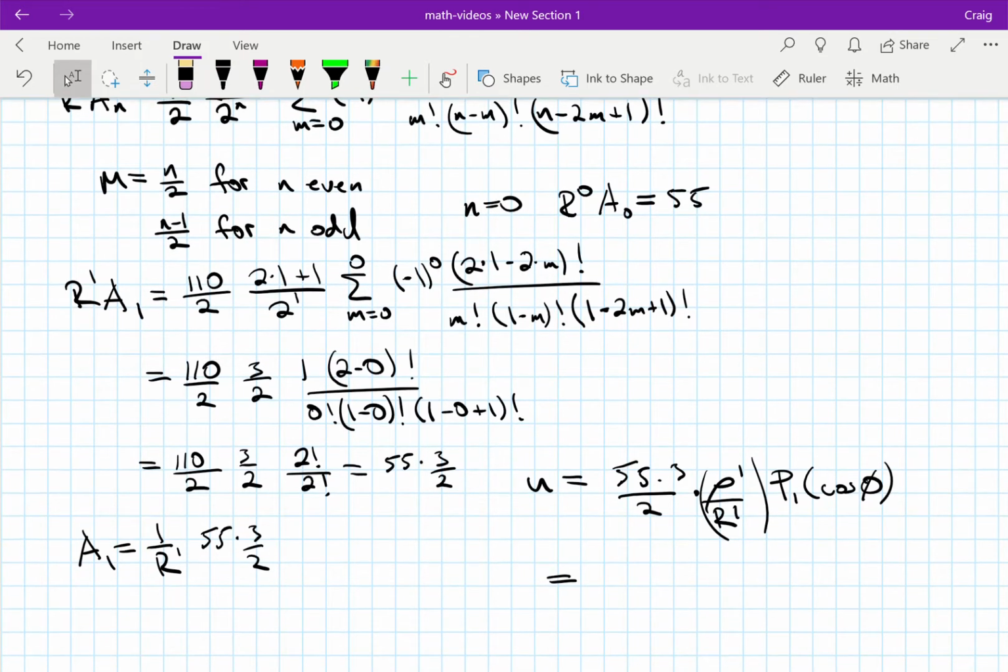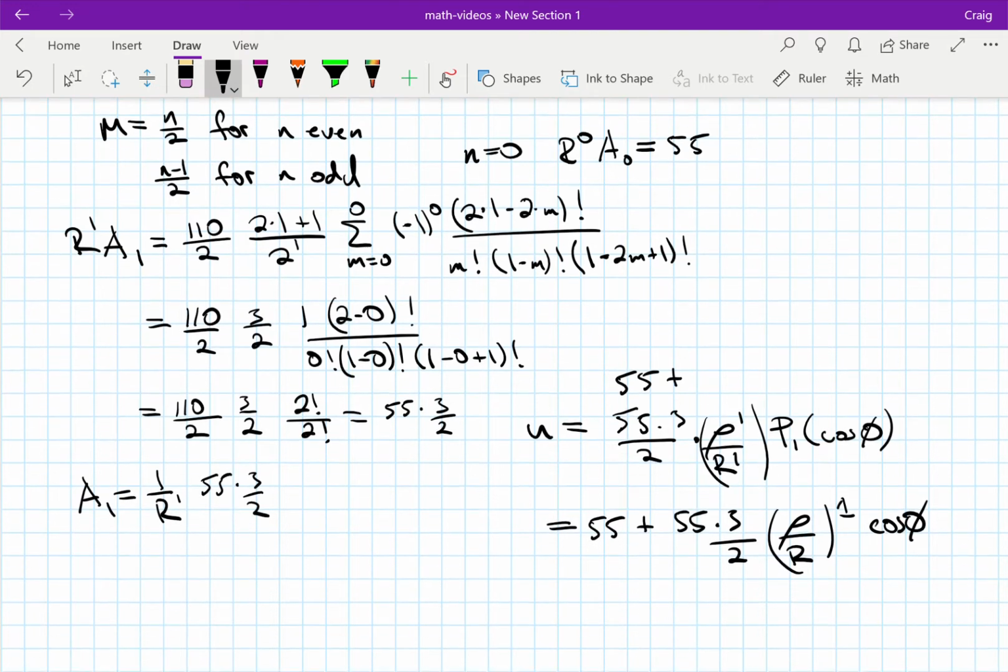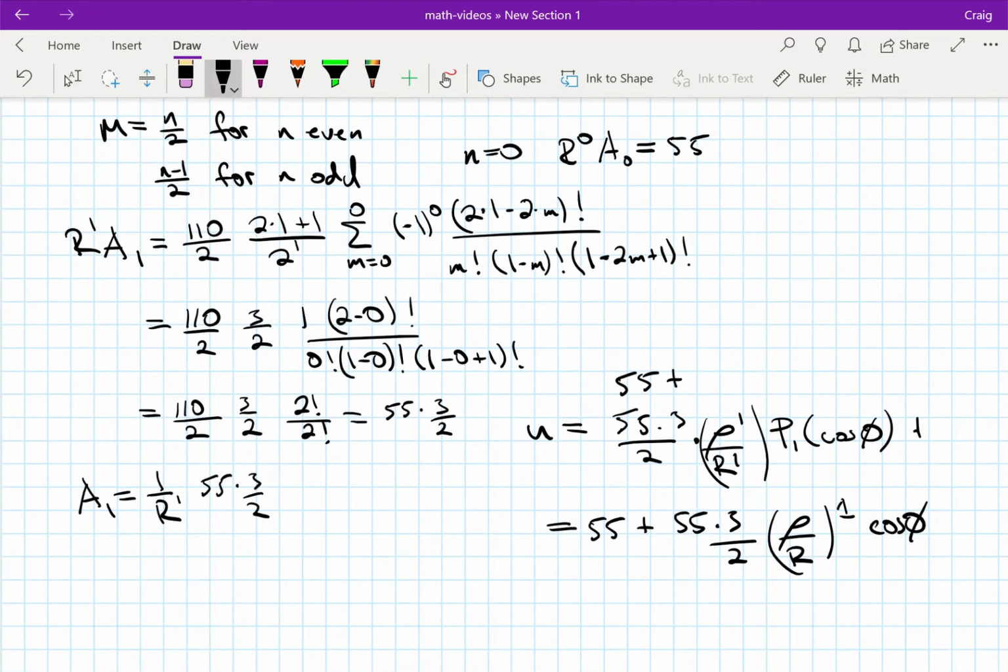And so I have 55 plus 55 times 3 over 2 rho over r to the 1. And then p1 of mu is just mu, so this is a cos phi. And then I have some other terms that are proportional to rho squared and higher.